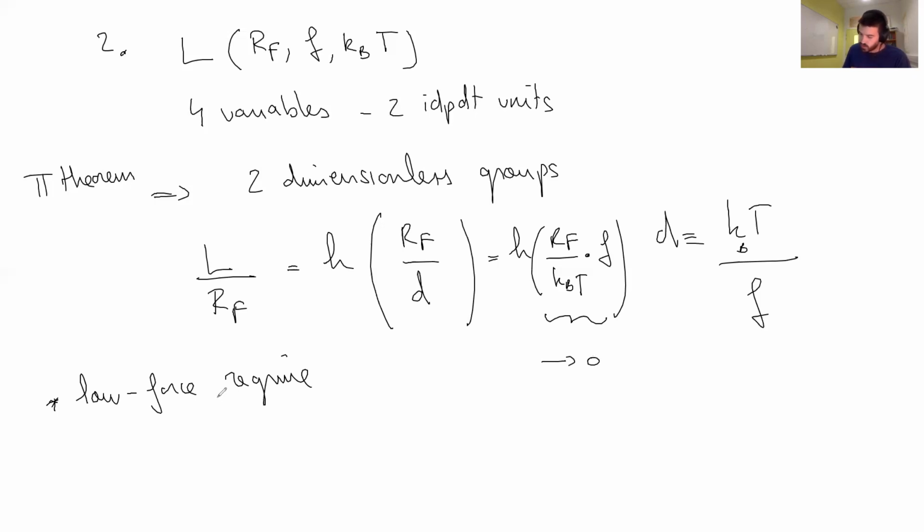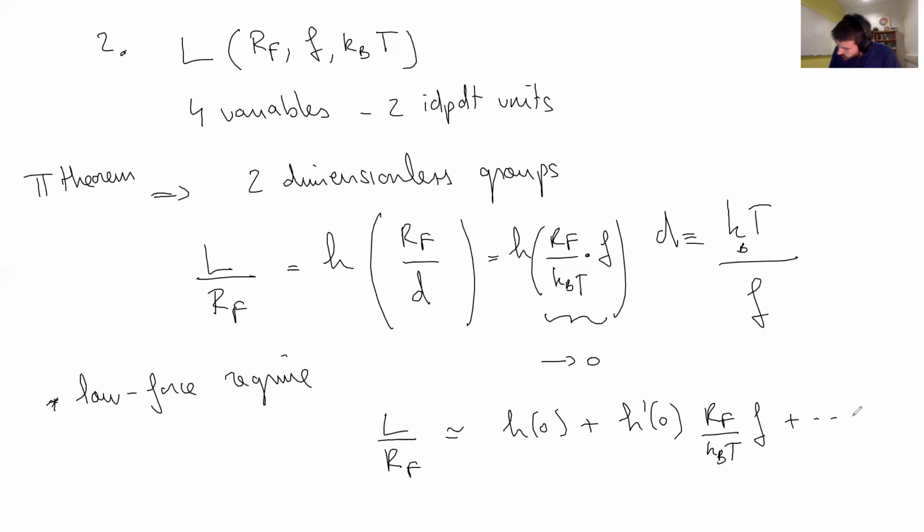That's the low force regime. Therefore, I can do some Taylor expansion of that. So I'm looking for something like H of 0, plus H prime of 0 times the vanishing variable here, which is RF over D, plus etc. So according to you, what is the first term here?